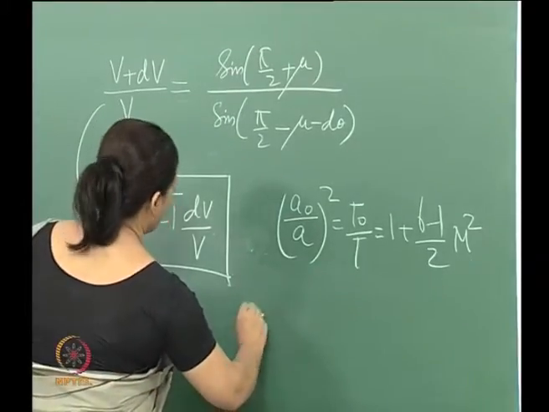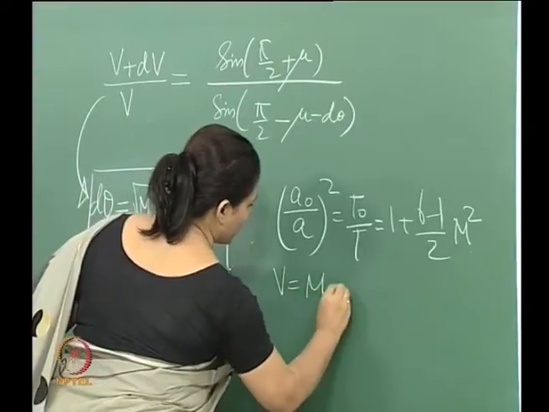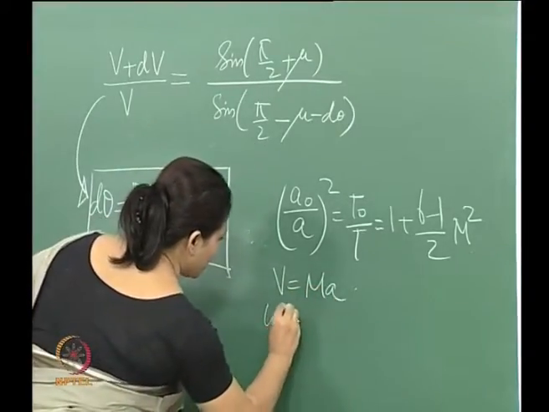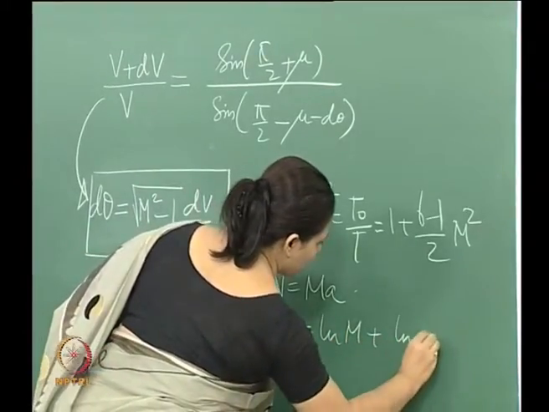Now, we just saw actually that v is equal to M a. So, we said ln v is equal to ln M plus ln a.